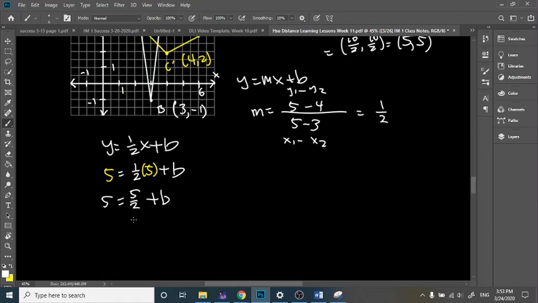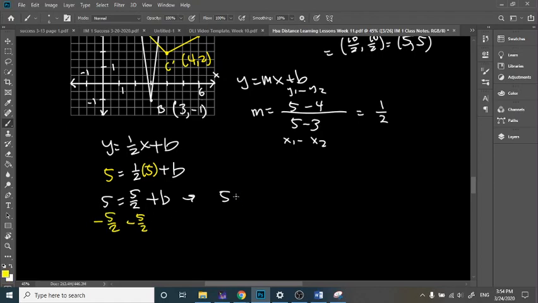If you would like to, you can do 2.5. Or you can just practice fractions because you're going to need that literally every single class in the future. So I'm going to do it the fraction way. You can do it the decimal way, but I highly suggest this way.